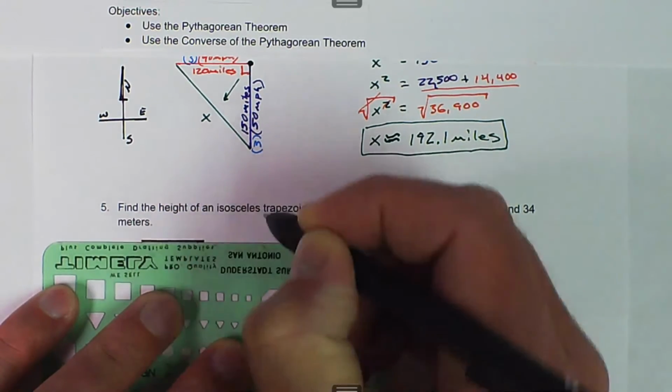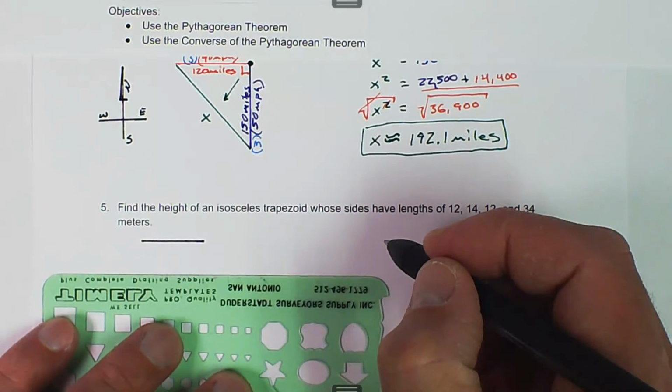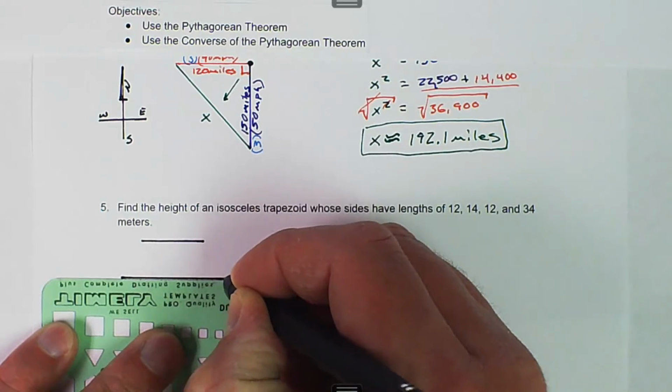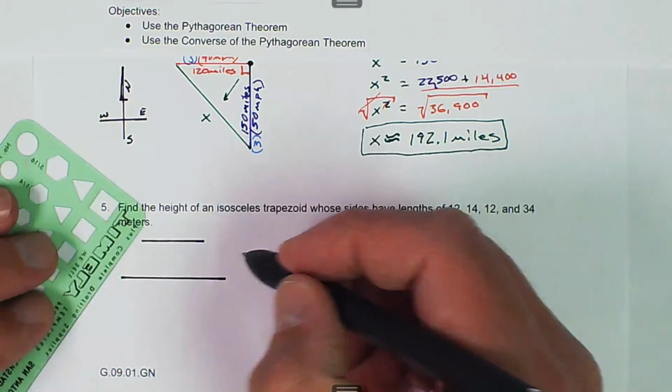So we have one short side, and then we have one long side, and then our two legs are supposed to be drawn congruent.